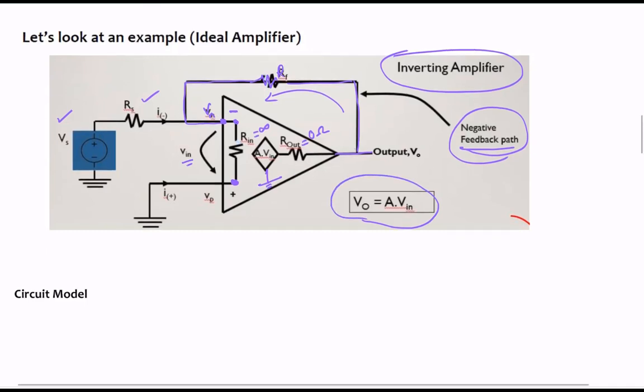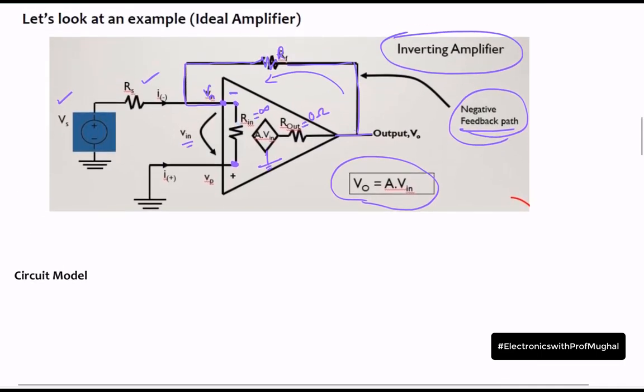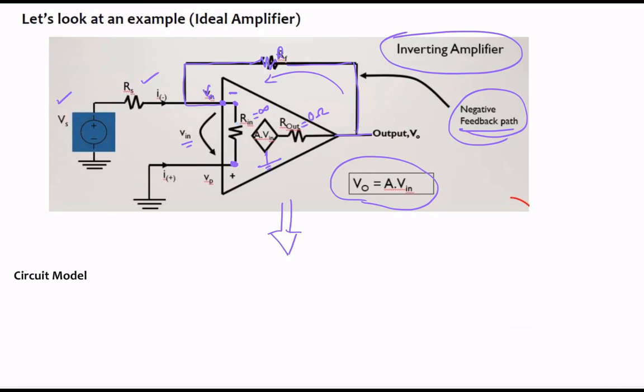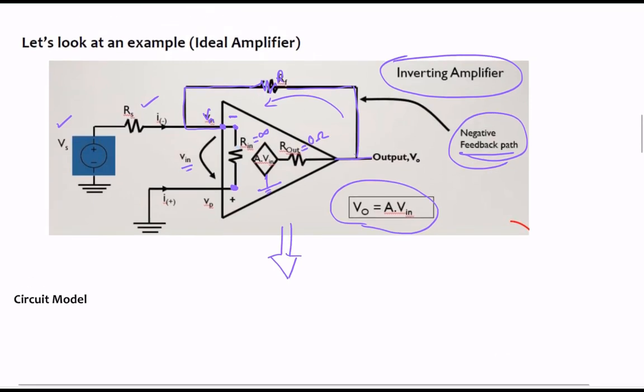And again, remember your output voltage is going to be A times Vn. Now, I am going to transform this ideal amplifier into a circuit model. Before I do that, I also want to explain one thing. This feedback is connected to the negative terminal, so it is considered negative feedback, which is desirable.